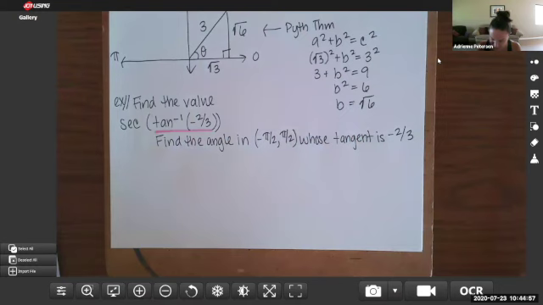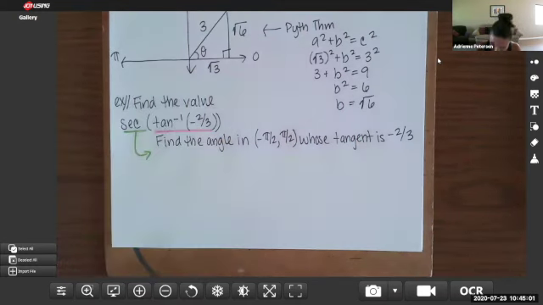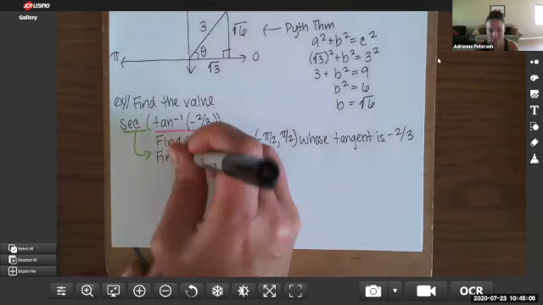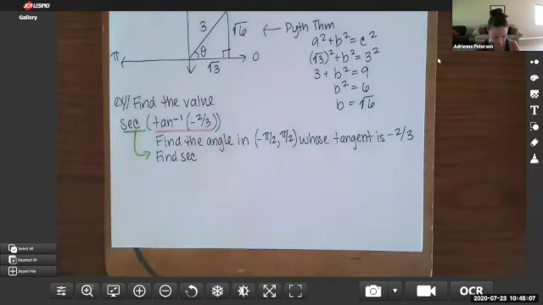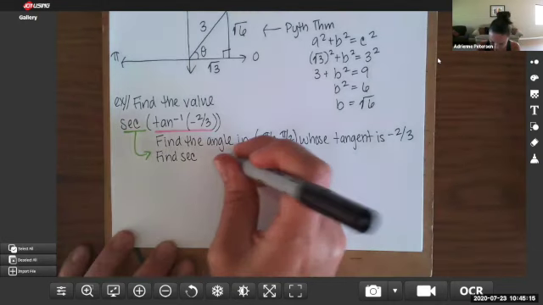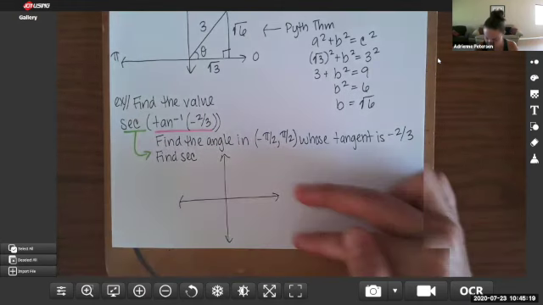Once we find that angle, our second step is to find secant. Okay, so let's draw a picture. We want to find the angle for this inverse tangent.